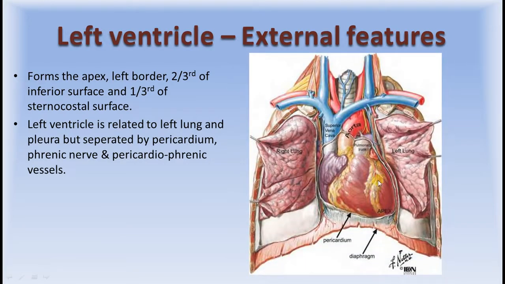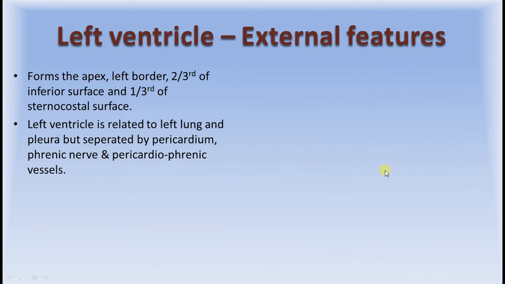The left ventricle is related to the cardiac impression of the left lung. Between the lung and the ventricle you have the mediastinal pleura, then the pericardium, and between the pericardium and the pleura you have the pericardiophrenic vessels and the phrenic nerve.